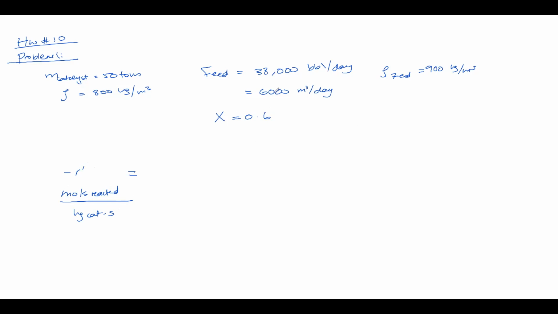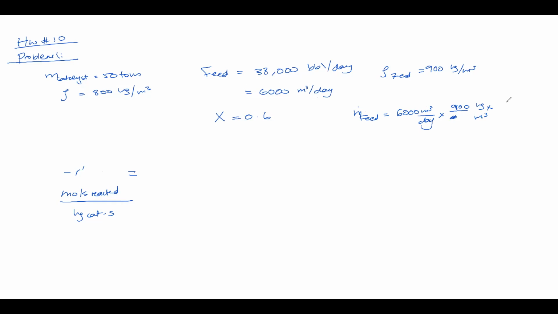So if my feed is 6,000 meter cubed per day, density is kilograms per meter cubed, I need to find a molecular weight to get moles reacted using this conversion. So let's first find the mass of the feed. It is 6,000 meter cubed per day multiplied by 900 kilograms per meter cubed.